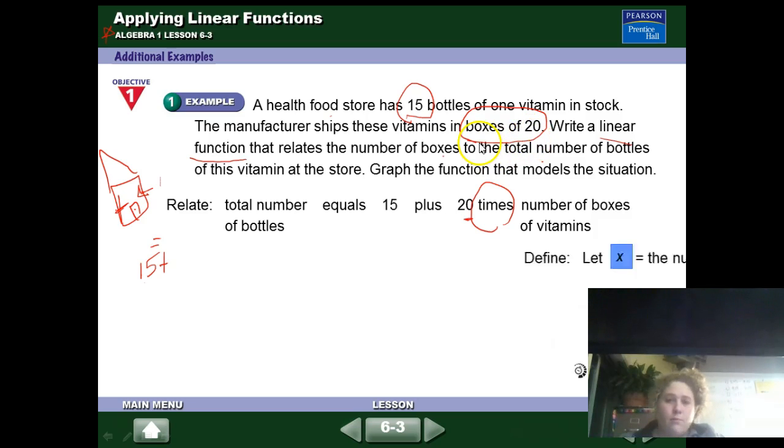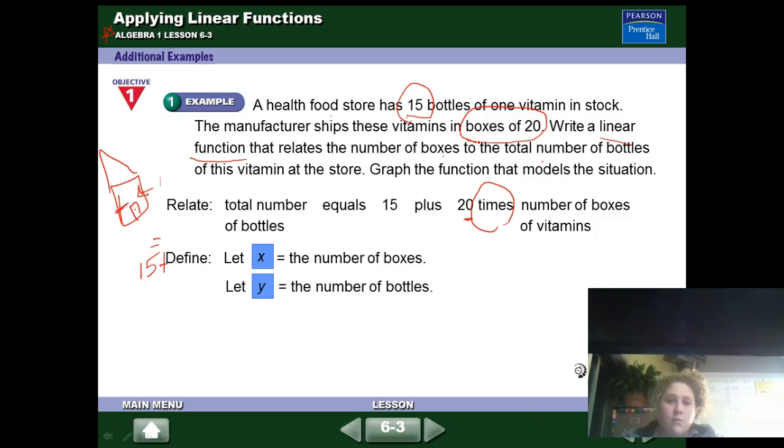Okay, so X is going to stand for the number of boxes, Y is going to be the number of bottles. We're going to get an equation that looks like Y equals 15 plus 20 times X.